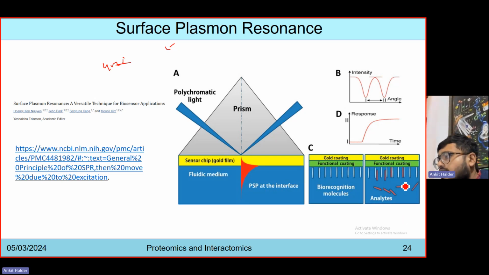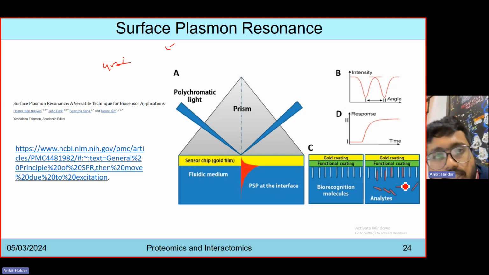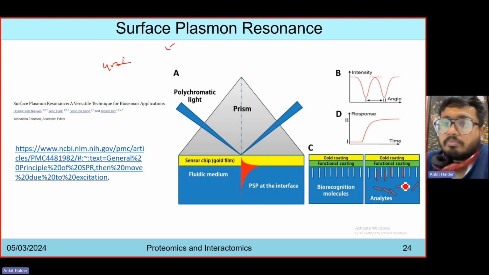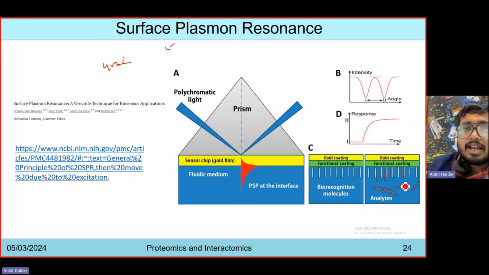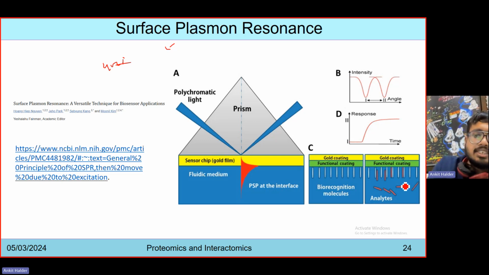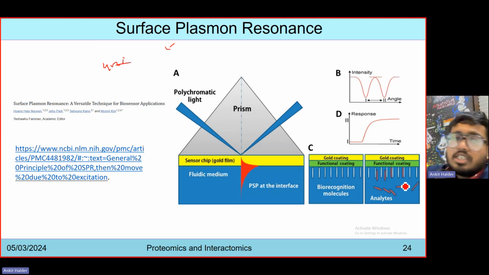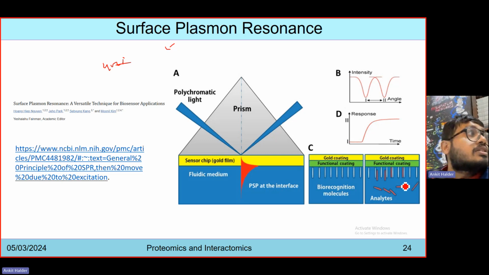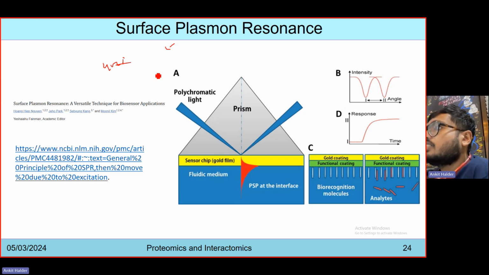And you can see that whatever adsorption is happening, we are getting the responses and we monitor the response units over time to get the sensorgram, and we can calculate the KD, on rate and off rate, to calculate the dissociation constant to understand how strong the interaction is between the two, the protein and the ligands, right?